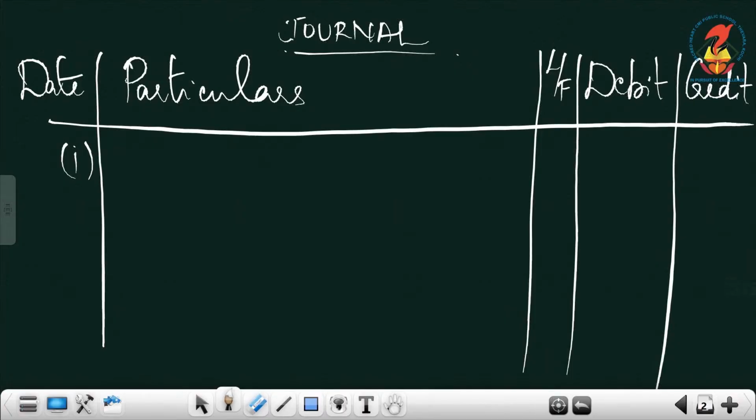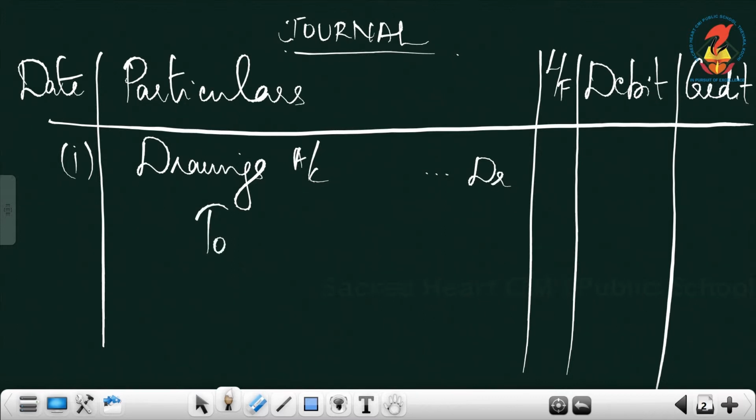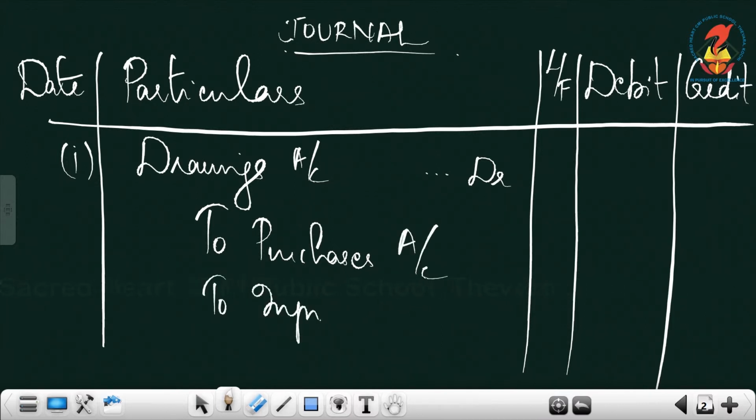So the journal entry will be, the compound entry will be: drawings account debtor to purchases account, to input CGST account, and to input SGST account.